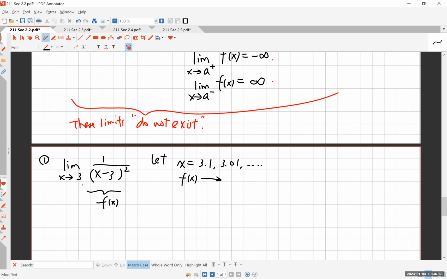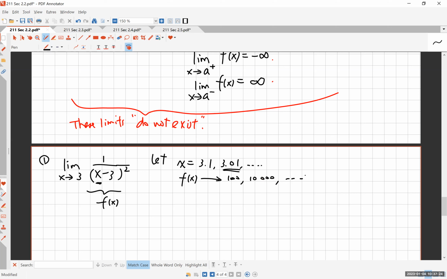Think of 3.1 here, and then of course the difference is 0.1, and if you square that, it's 0.01. 1 divided by 0.01 is 100. And if you do 3.01, that would be this minus 3 is 0.01, whose square is 0.0001, and 1 over that is 10,000.